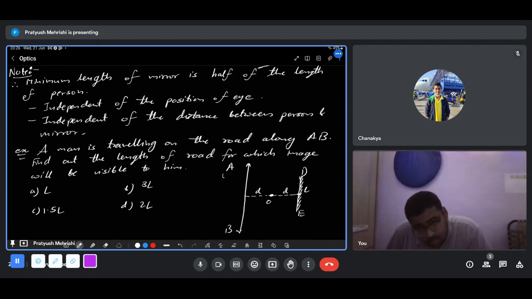The mirror of length L is kept at a perpendicular distance 2D.